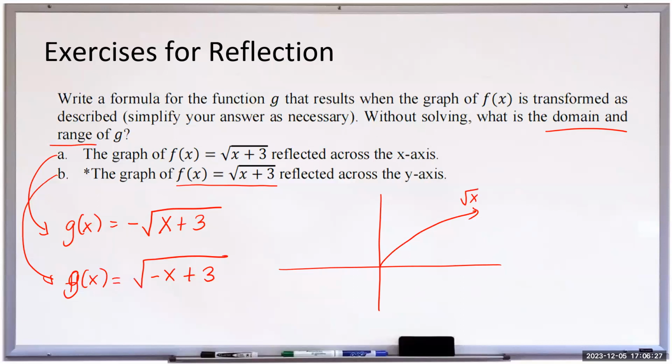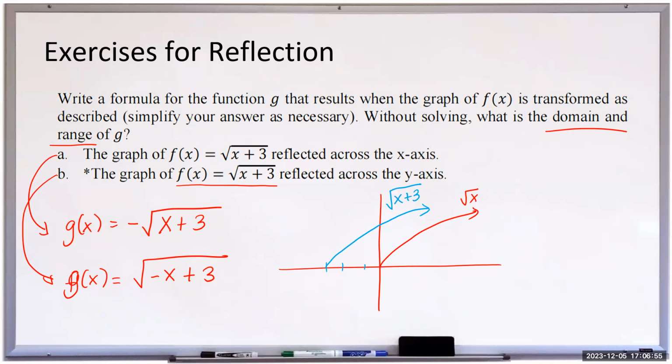Based on our lesson in translation, meron tayong horizontal shifting. Okay? So, mag-shift tayo ng 3 units to the left. So, my graph will be this one. So, 1, 2, 3. So, ganyan. Okay? So, this blue right here is square root of x plus 3.